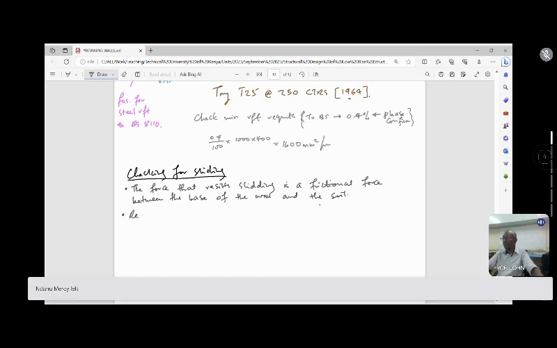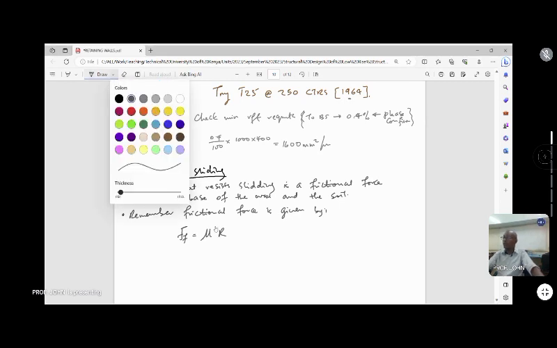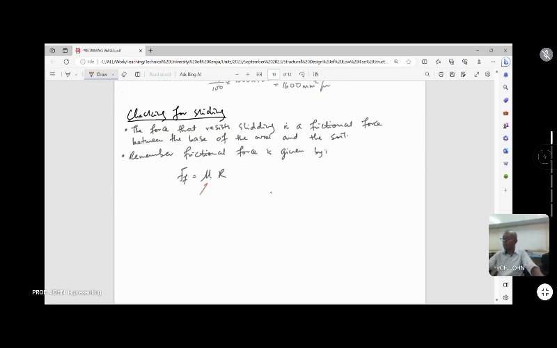Just to remind ourselves, frictional force is given by mu R. The mu from your secondary school physics is the coefficient of friction.